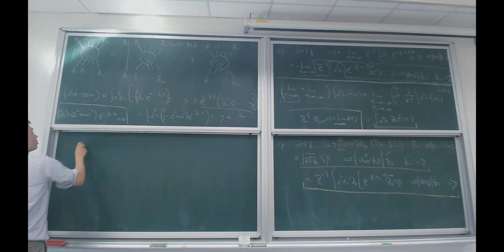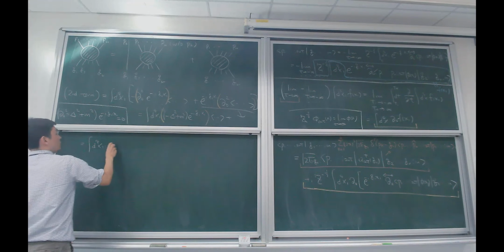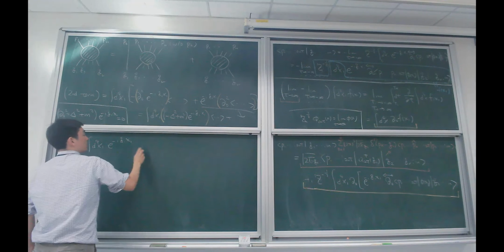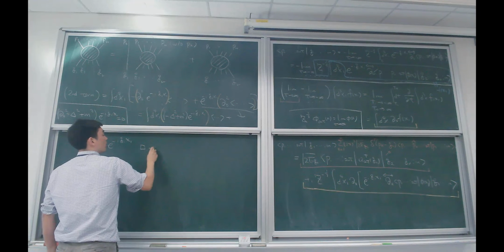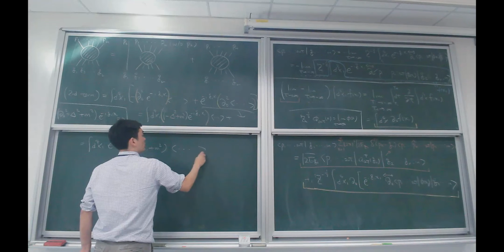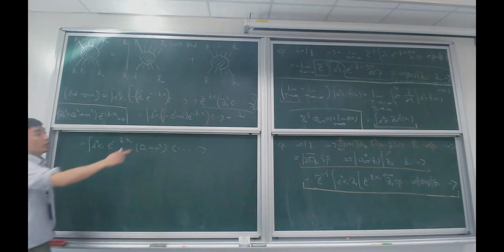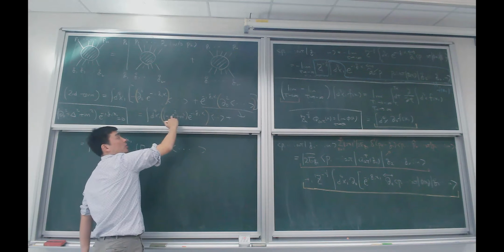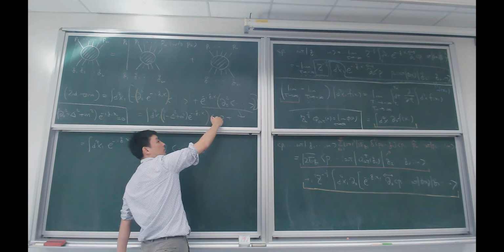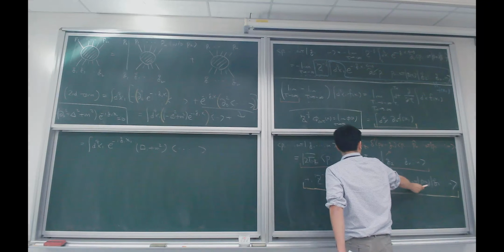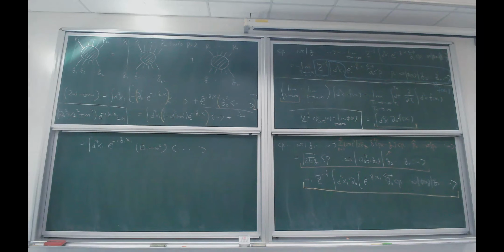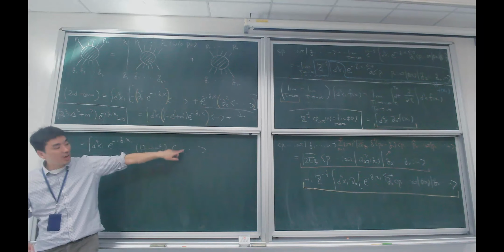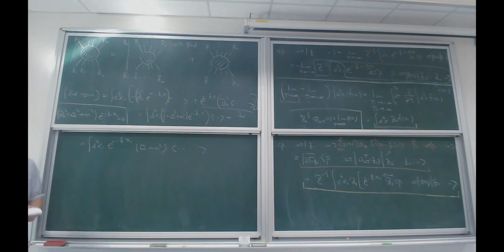So therefore, this is equal to d^4x1 e^{-i q1 x1}, and then the usual Klein-Gordon operator acts on this inner part by integration by parts. The spatial derivative acts on this guy, but by integration by parts, this spatial integral can act on this inner product part instead. So at the end of the day, the second term is just the inverse Fourier transformation of this Klein-Gordon operator acting on this inner product. That's what happened.